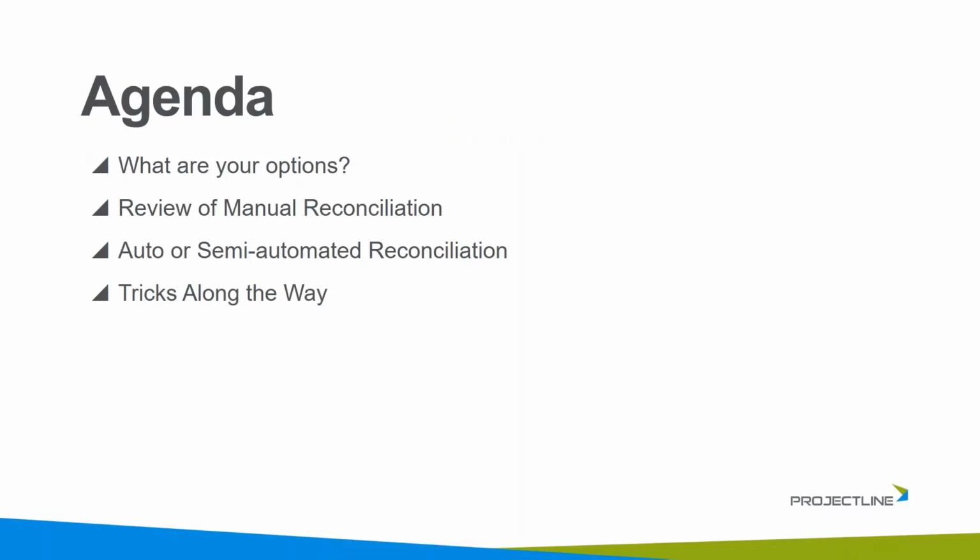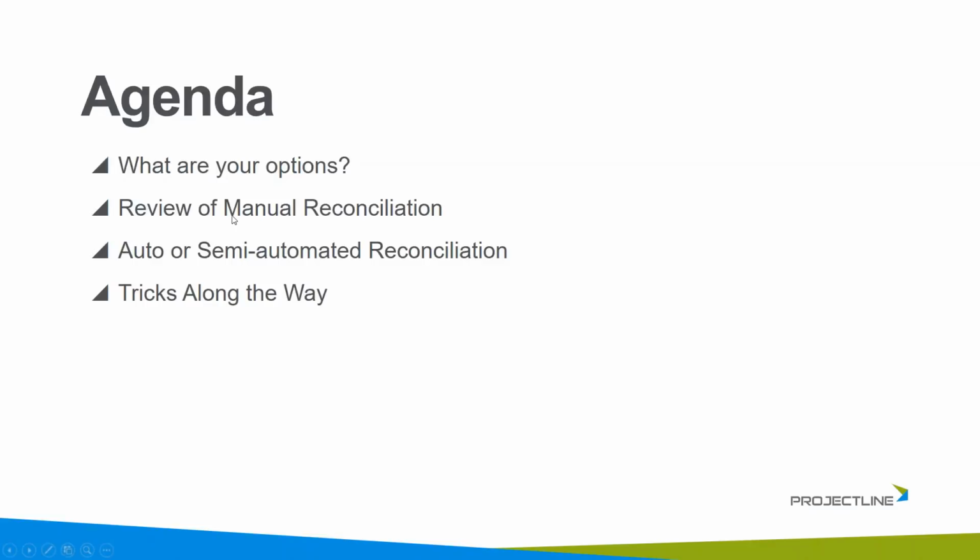Okay, so we're going to talk about what some of your options are. Most of you are likely using the manual reconciliation in Business One. I would say probably 99.99% of you. There might be some of you out there that are using what the menu item is called reconciliation, and I'll explain the difference between reconciliation and manual reconciliation.